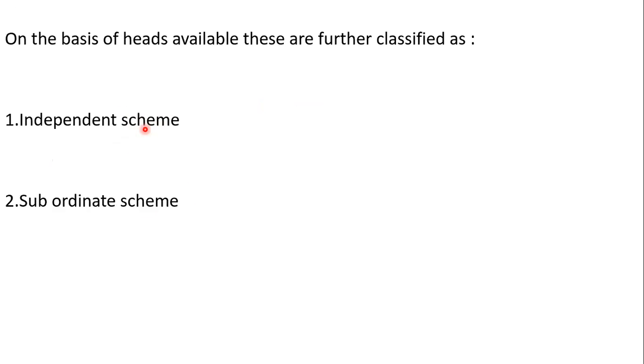Comparing the two, medium head schemes are more successful. Low head schemes are not found economical in these independent generation schemes. So we do not use low head schemes; we only use medium and high, and of those two, medium is considered most successful.